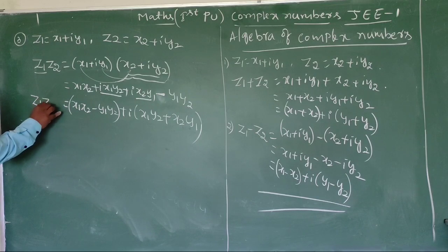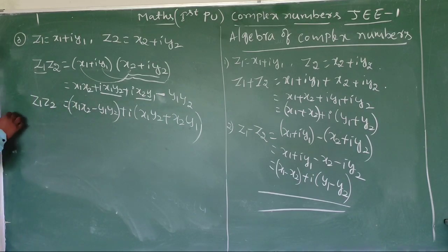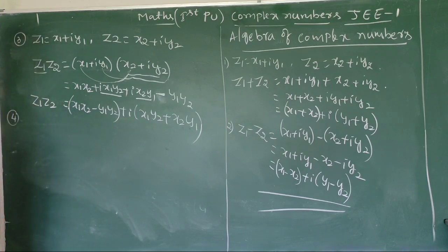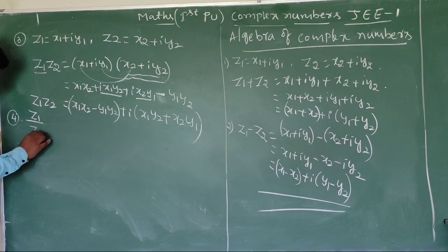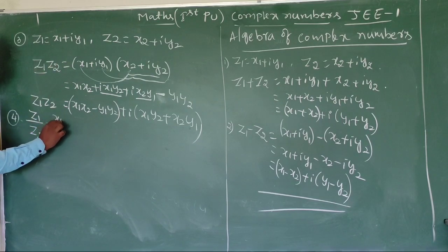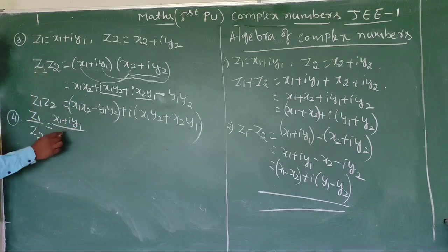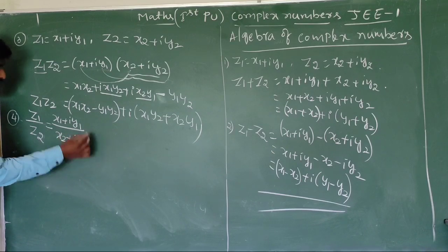So z1 z2 is equal to this thing. Okay, next, fourth property is division of complex numbers. z1 divided by z2 is equal to, what is z1? x1 plus iy1 divided by, what is z2? x2 plus iy2.